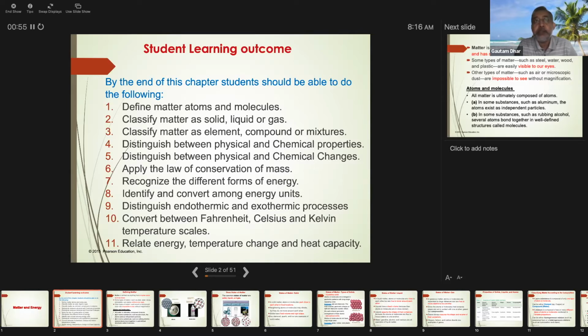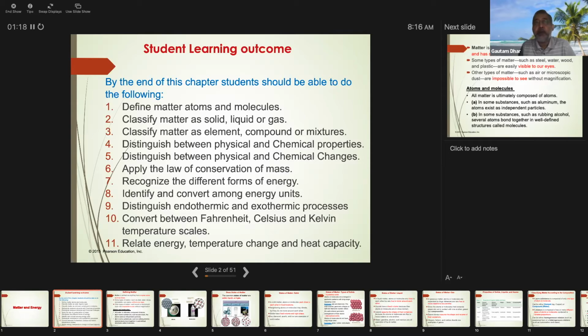And apart from this classification, if you look inside at what matter is made of, we can again classify matter into elements, compounds, and mixtures. These are very simple classifications, but keep in mind the differences between them. Elements are composed of only one kind of atom. There are pure compounds and there are mixtures.